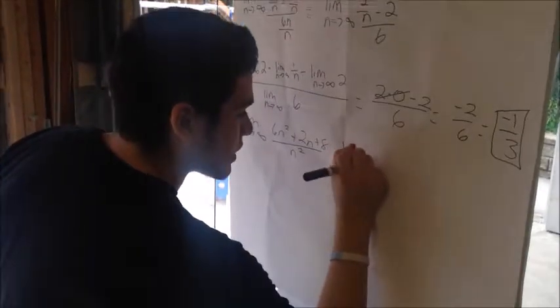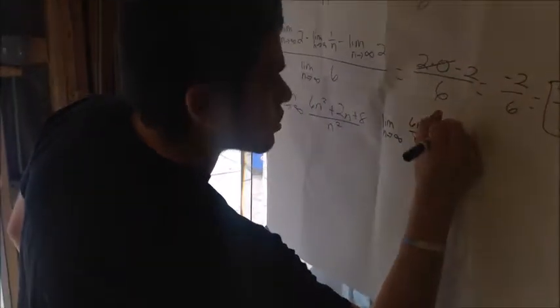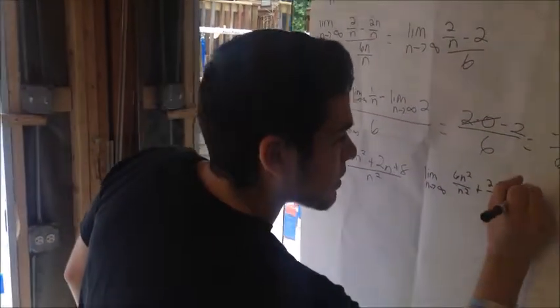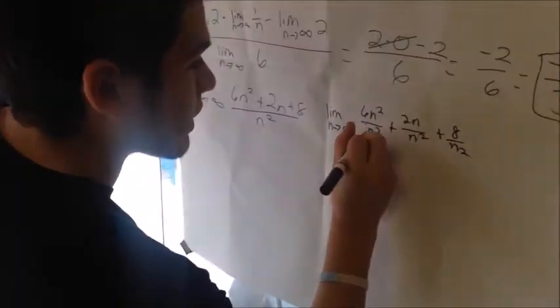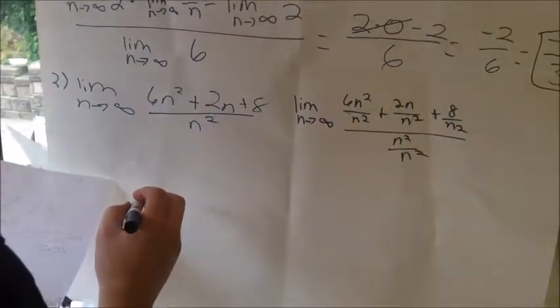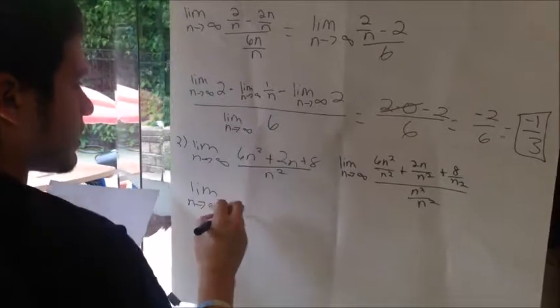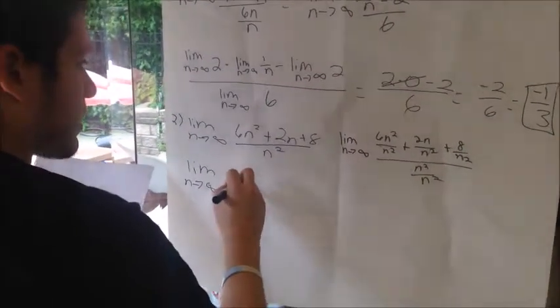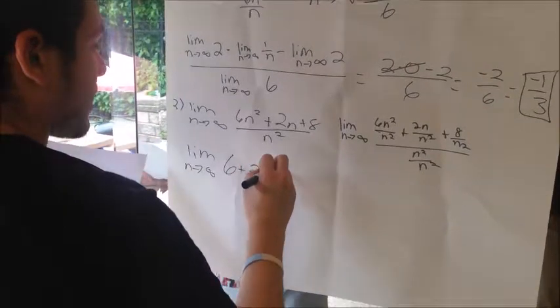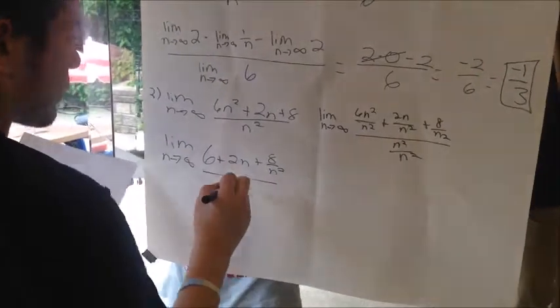So it's 6n squared over n squared plus 2n over n squared plus 8 over n squared, divided by n squared over n squared. This is going to equal the limit of 6 plus 2 over n plus 8 over n squared, over 1.